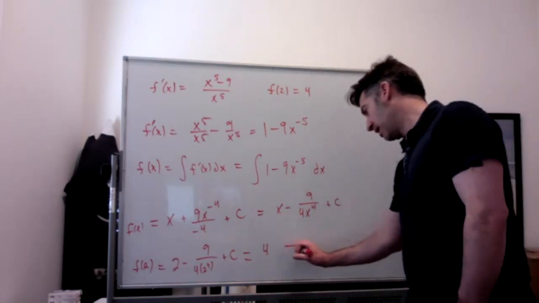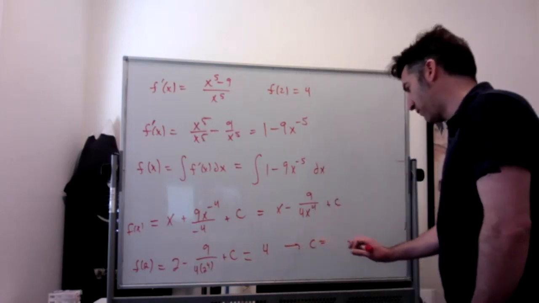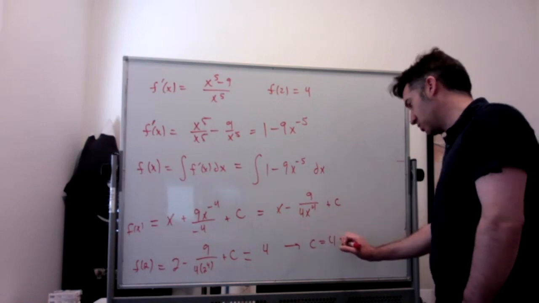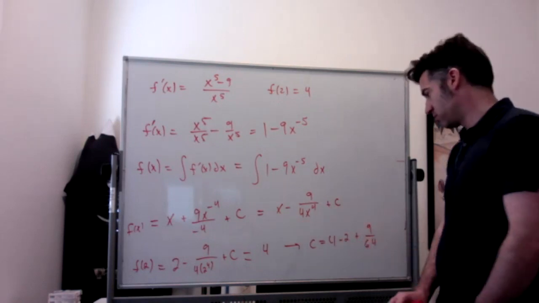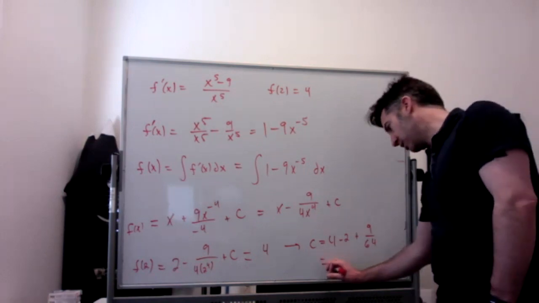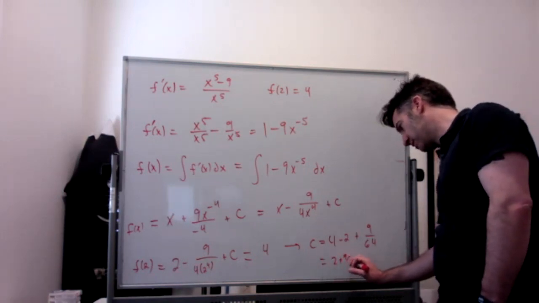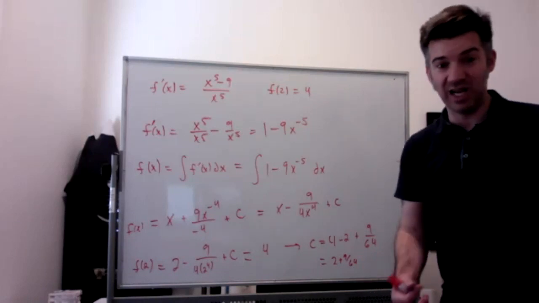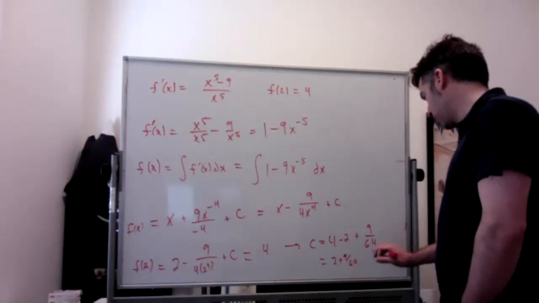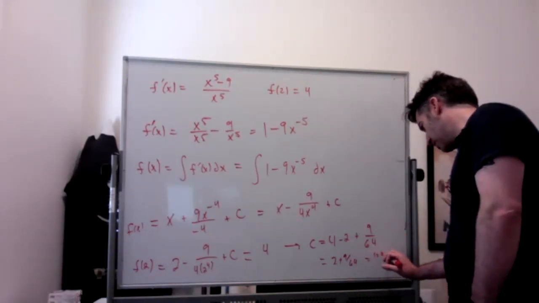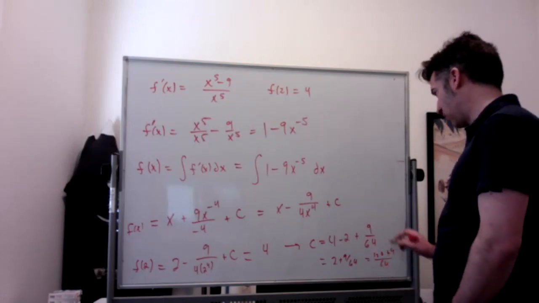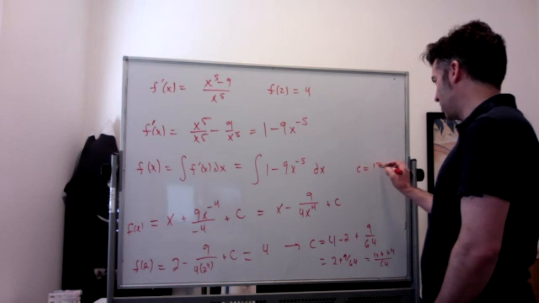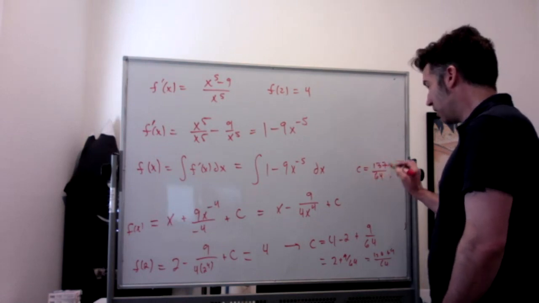So c is equal to 4 minus 2 plus 9 over 64. So that's equal to 2 plus 9 over 64. 2 is 128 over 64. So this is 128 plus 9 over 64. That's 137 over 64. So c is equal to 137 over 64.